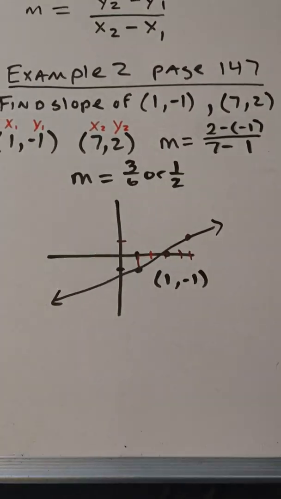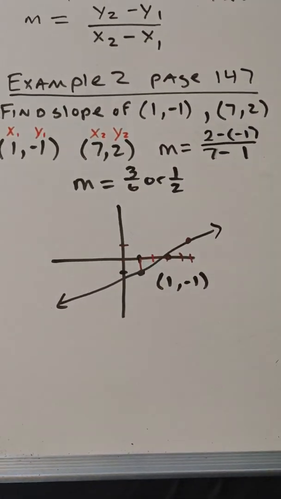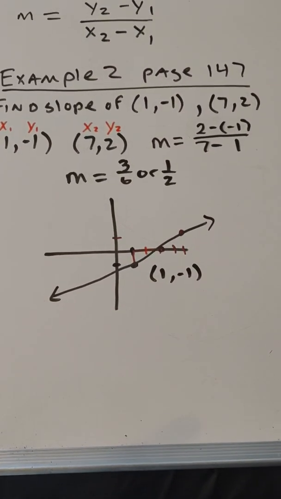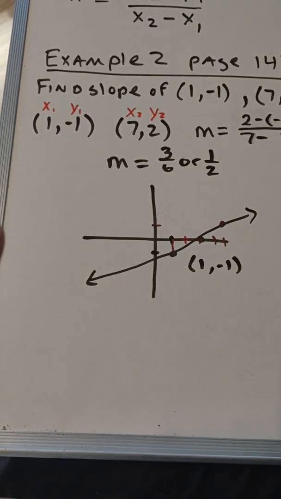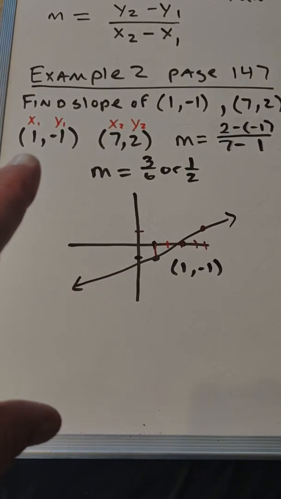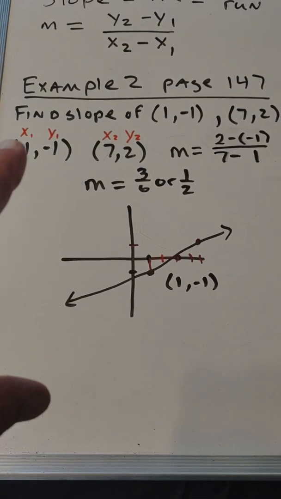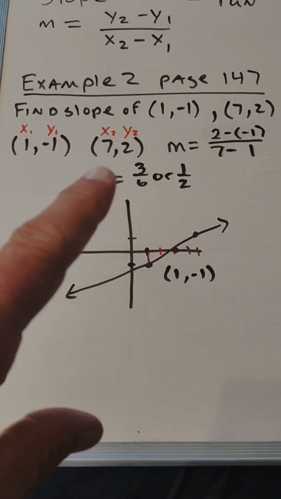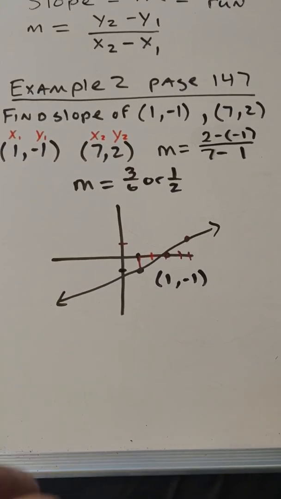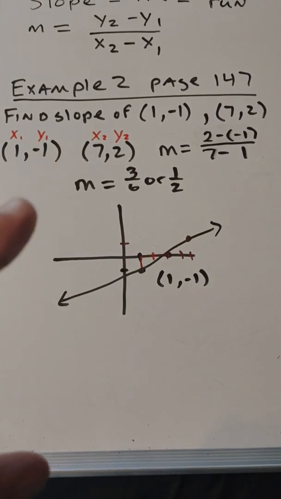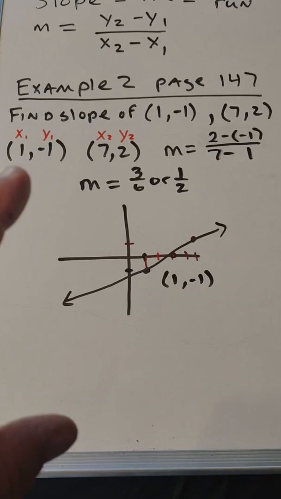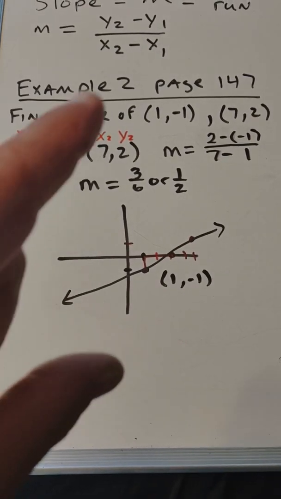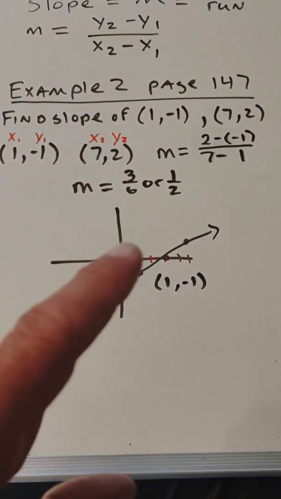An example of this is example 2, page 147. It says find slope of 1, negative 1, 7, 2. So you can see that the first thing I did was write the ordered pairs and put x1, y1 for the first ordered pair, x2, y2 for the second ordered pair. I suggest that you do this because then that'll allow you to put the proper numbers into the formula.